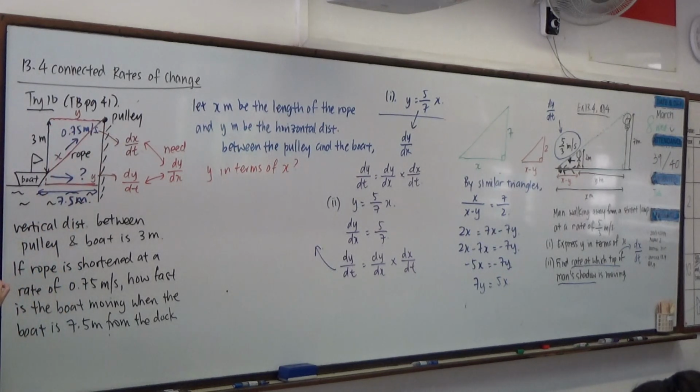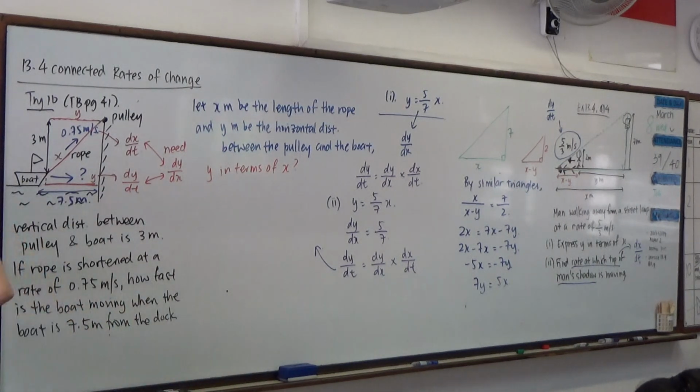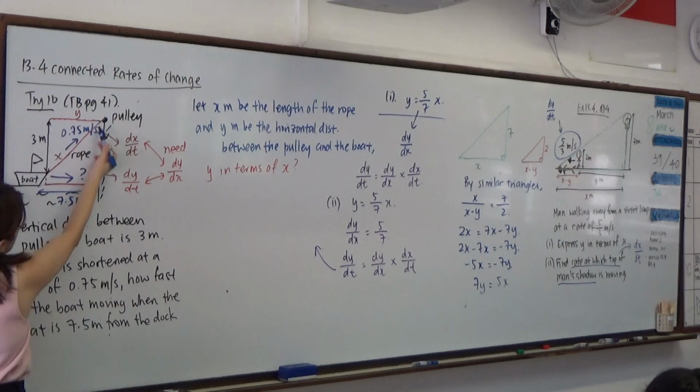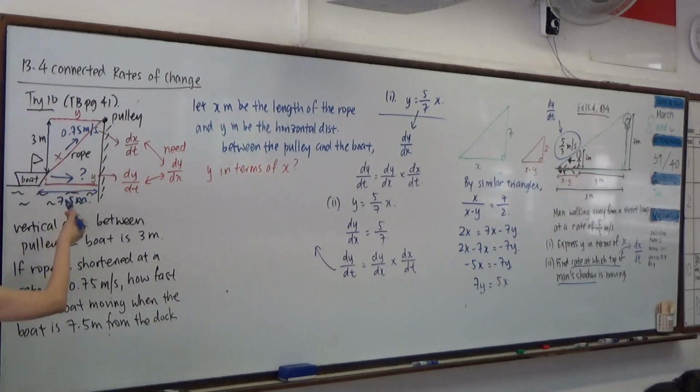With a right angle triangle, we think of Pythagoras theorem. So this is defined as y, this was defined as x already, and this is fixed at 3 meters. Your pulley and your boat distance never changes.